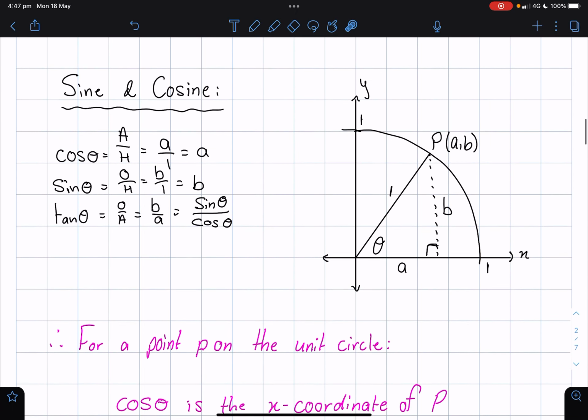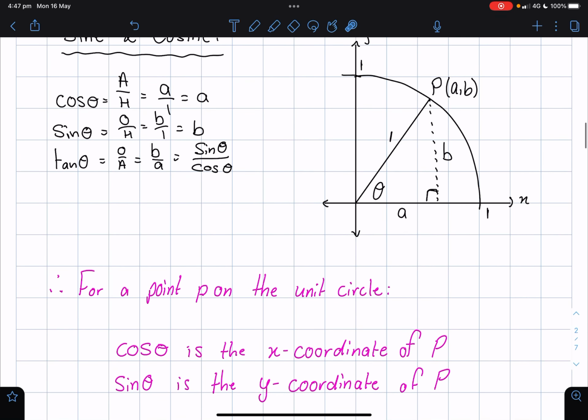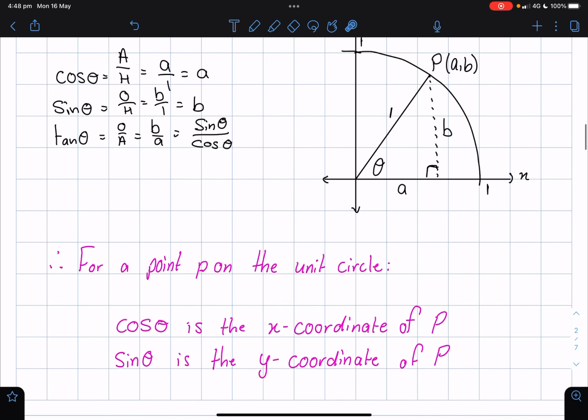But the two major results I want you to realize in this little section is that cos theta is the x coordinate of P and sine theta is the y coordinate of P. So remember up here, cos theta equals A, and over here, A is the x-coordinate of P. Sine theta equals B, and over here, the y-coordinate is B. So cos theta equals x, sine theta equals y. Okay, so those are the two big things we're looking at here, and that will help in the questions that will follow.